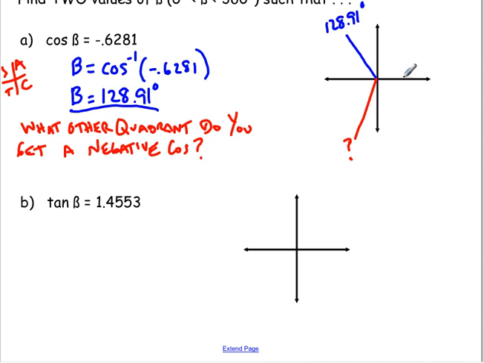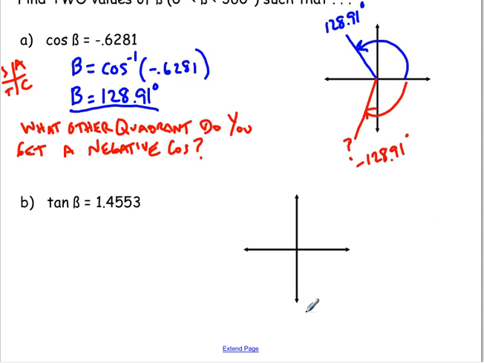See if you can figure out how to find that angle. Now, just remember, you went that direction and got a positive 128.91. One way to figure this out would be to go the other direction the same amount, right? If I went this direction, it would be a negative 128.91 degrees. Now let's answer that as a positive angle though.